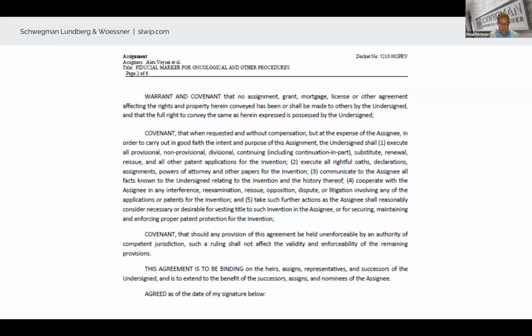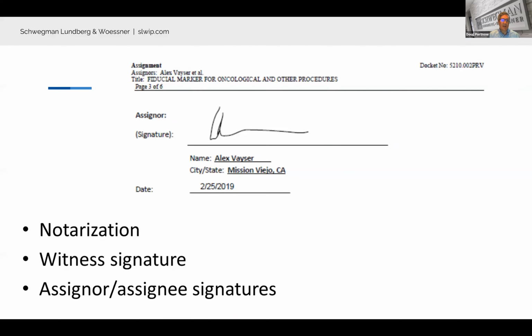Then the next slide is just some more boilerplate language that we'll skip through. And if we go over to slide 36, you'll see that in the US, typically we only get the assignor's signature, meaning the owner assigns it to the company in this case. There is no acknowledgement or execution by the assignee, the company, because it's not required. There's no notarization and no witnessing, because those things are not typically required in the US.